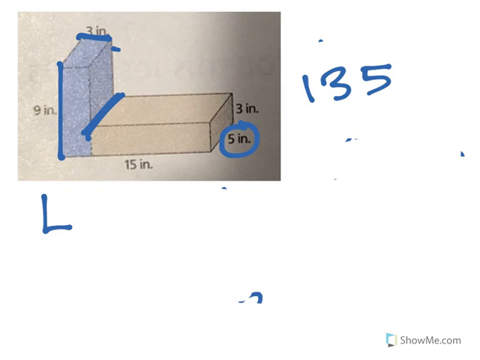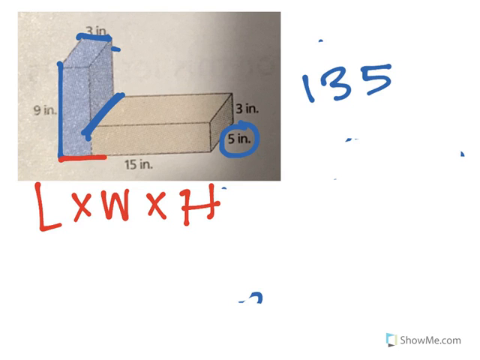So same thing, length, let's change that color. Length times width times height. And my length this time is not this full length here. I have to take away something. I'm going to take away these 3 inches.